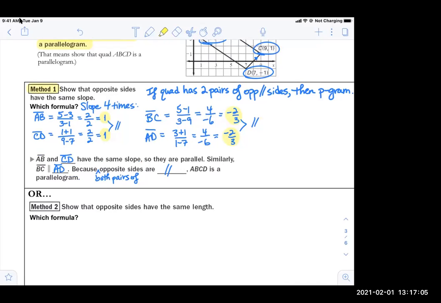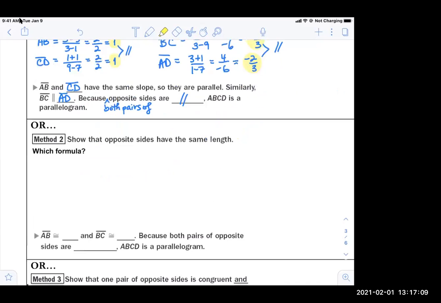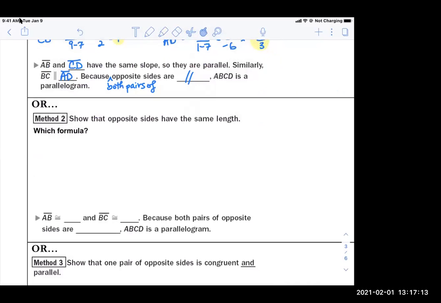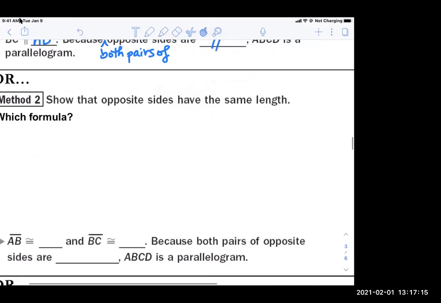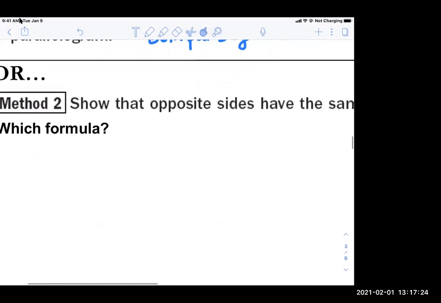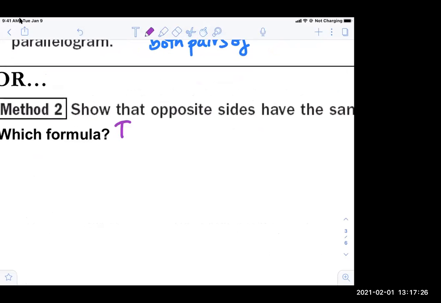Okay, second option, show that opposite sides have the same length. Kara, what formula will you use to show the opposite sides have the same length? Could you use the distance formula? How many times will you have to do that? Wouldn't it still be 4? There'll be 4.